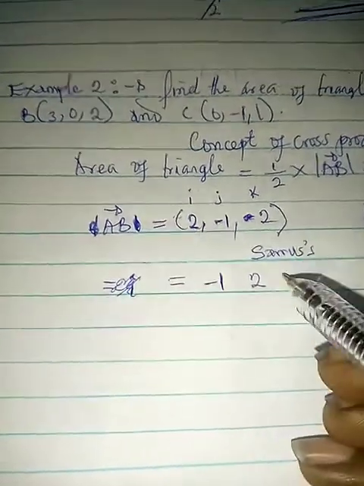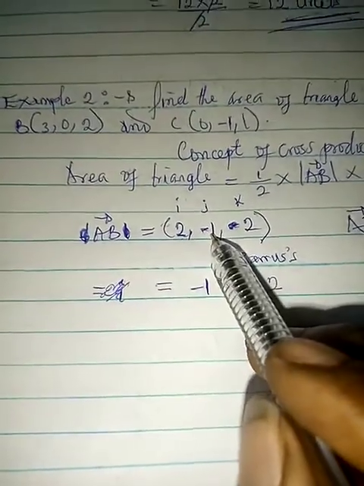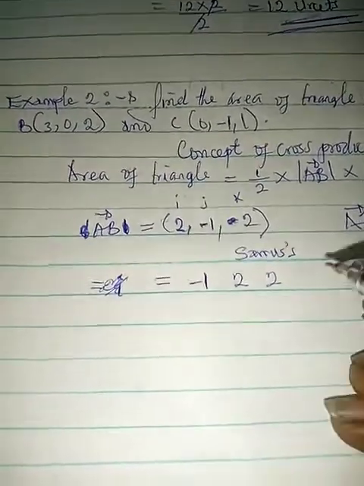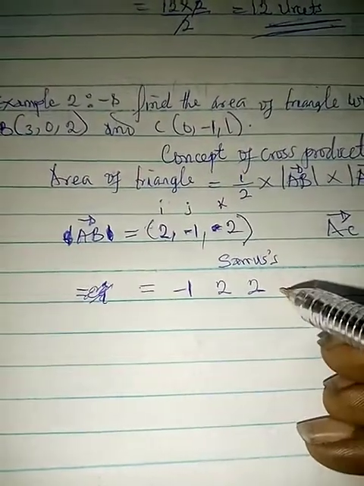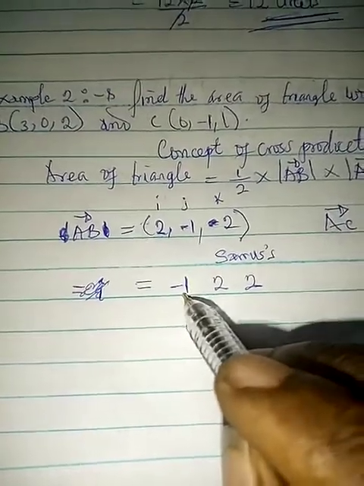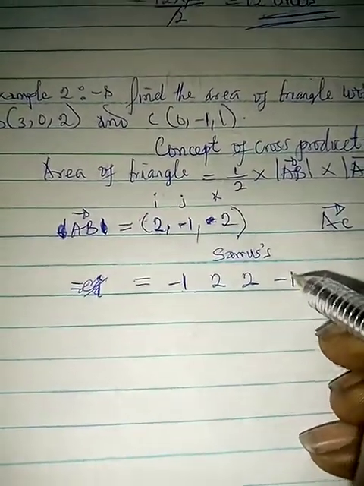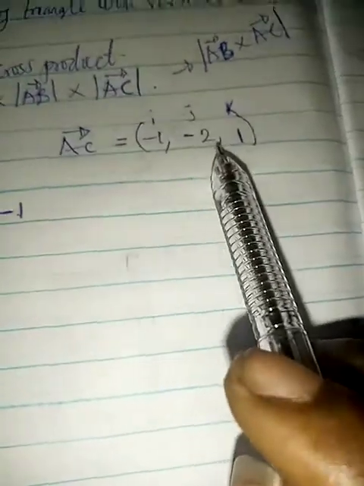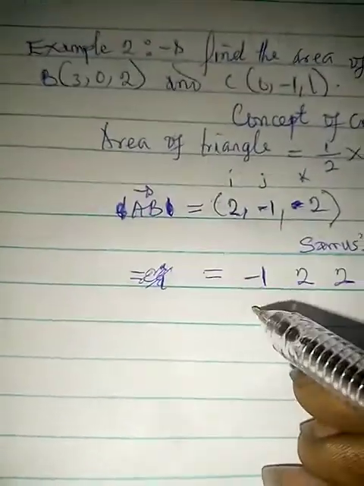Then you now come back to the first one. So I took the middle value, then the next value, then going back to the first. Then the next number you are going to write is the first value, it's going to repeat itself. So minus 1. So we are done with that. Same thing with this one. So what is the middle value? The middle value is minus 2.